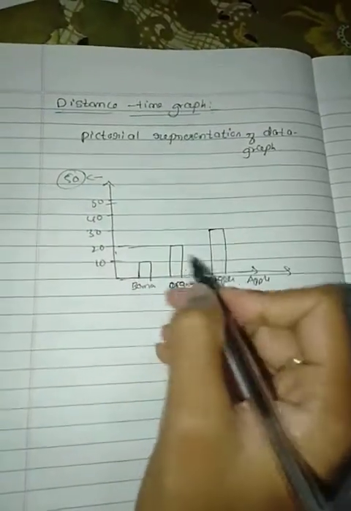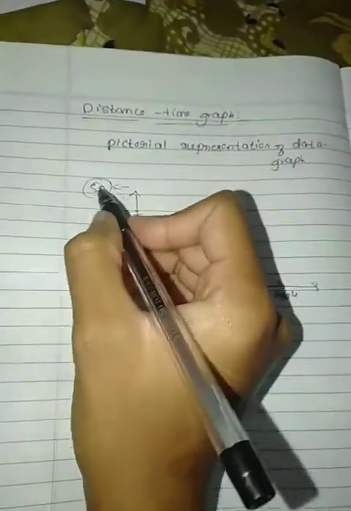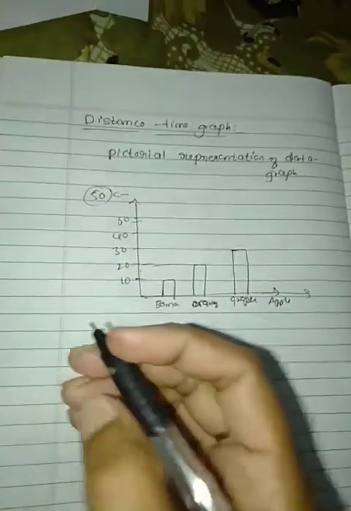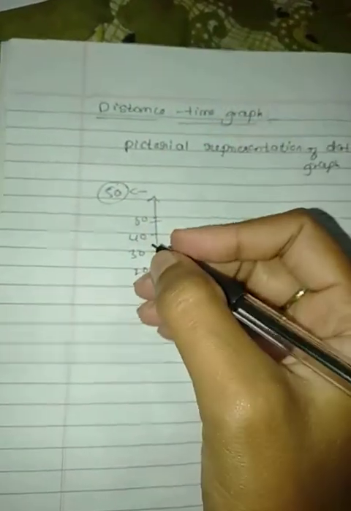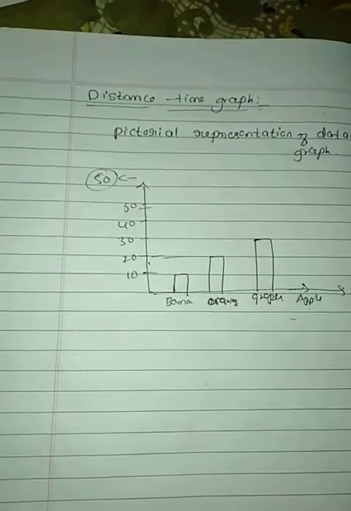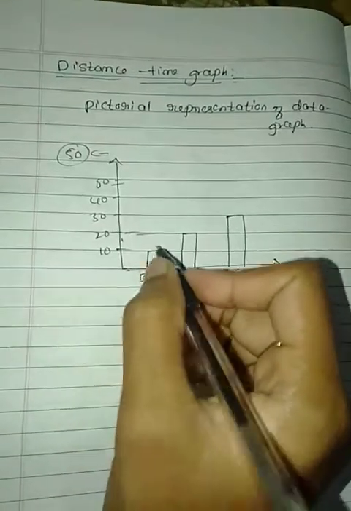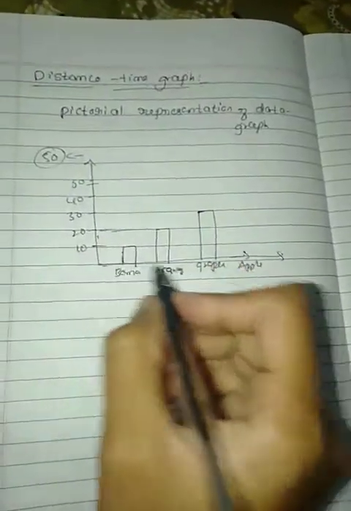Now I represent this as a pictorial representation. I take the data of the total students, which students liked which fruits, and collect the number of students who liked each fruit.